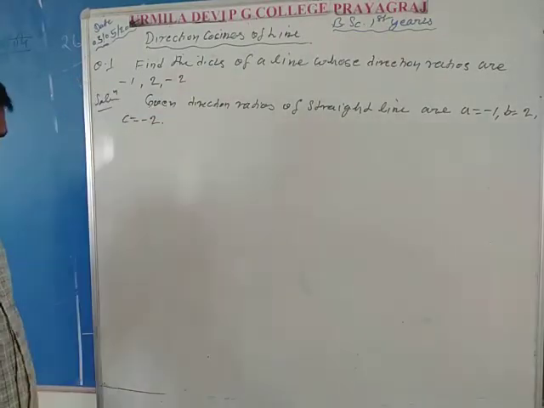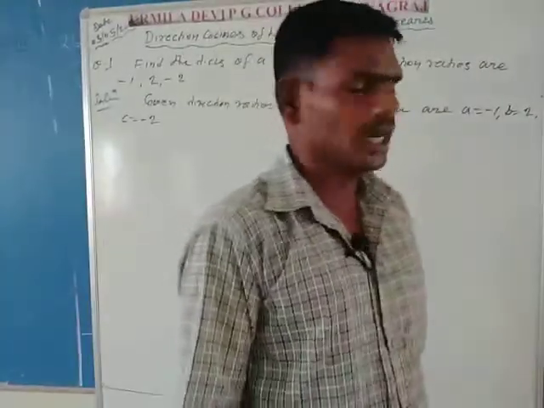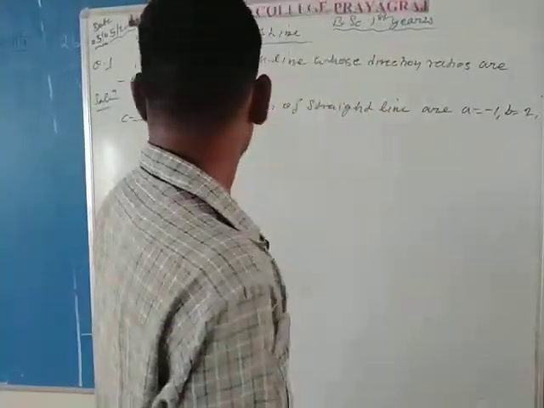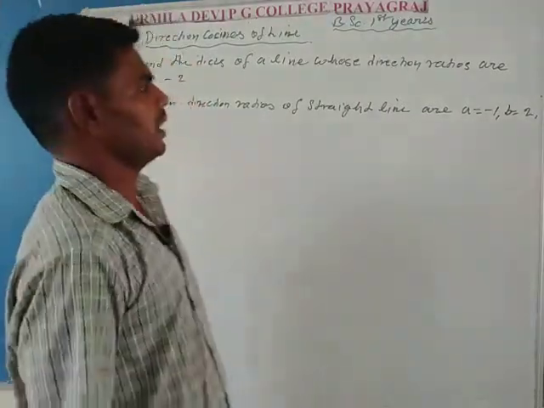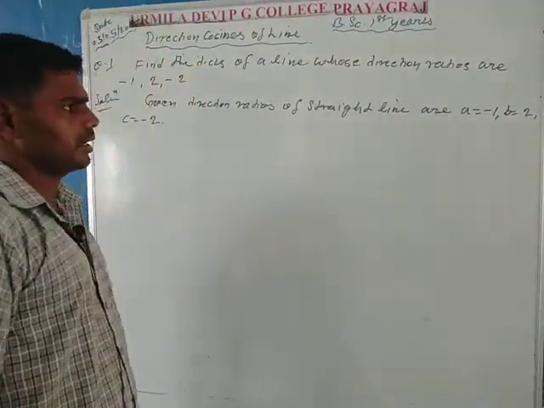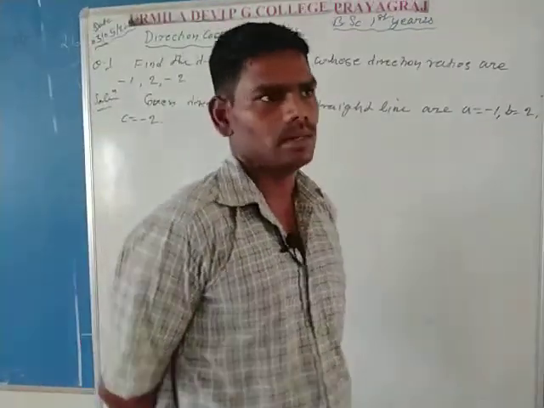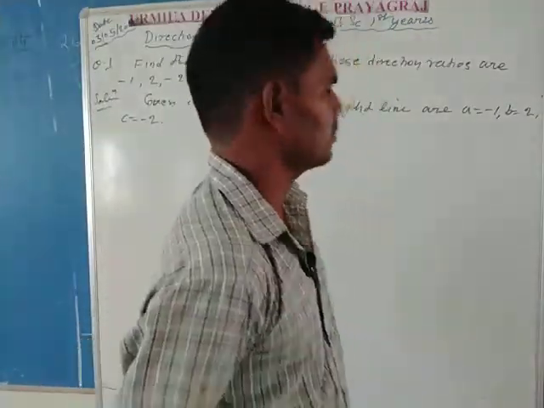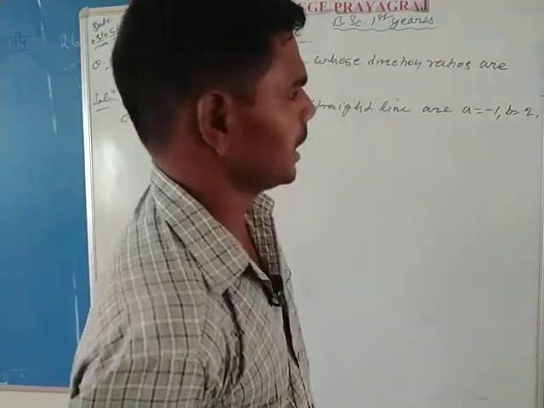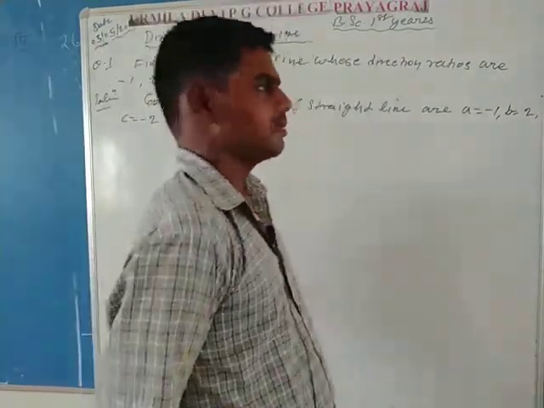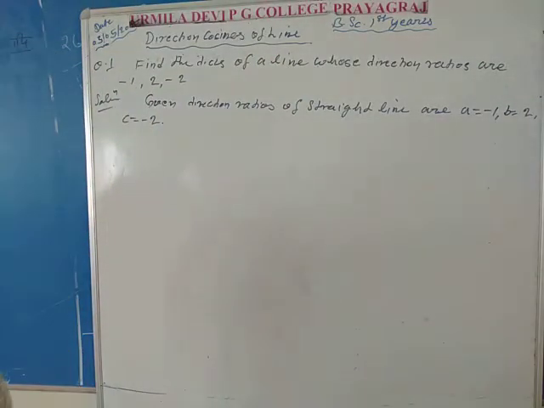In this question, the given direction ratios of the straight line are -1, 2, -2, therefore according to theory these direction ratios are denoted by small a, b, c. So small a is equal to -1, small b is equal to 2, and small c is equal to -2.